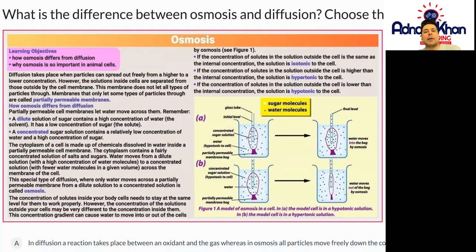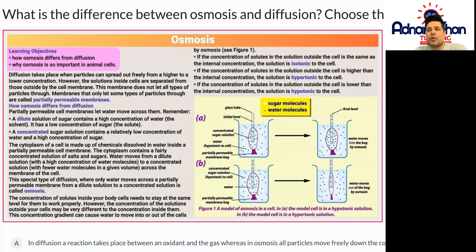Permeable means when the water can come in and out quite easily. And in terms of osmosis, the key area that you need to know is that osmosis refers to the movement of water molecules only. That's the process of osmosis.